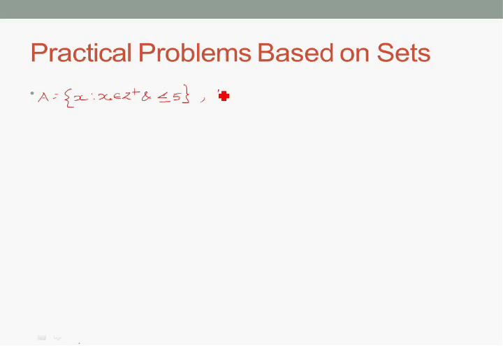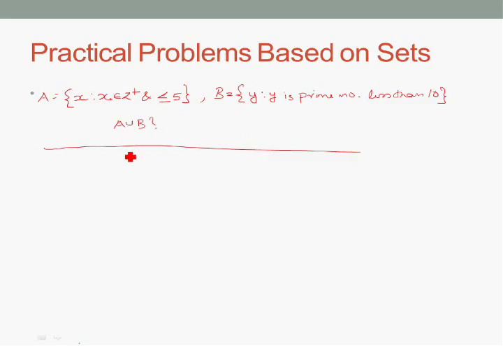Similarly, let B equal the set of all y such that y is a prime number less than 10. Now let's find A union B and represent the same using a Venn diagram. So this is the question.